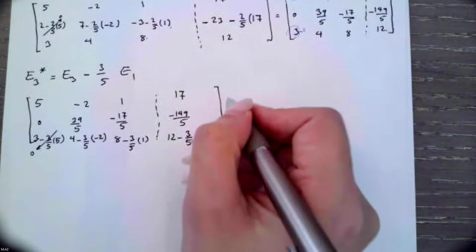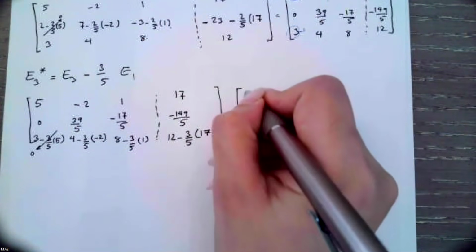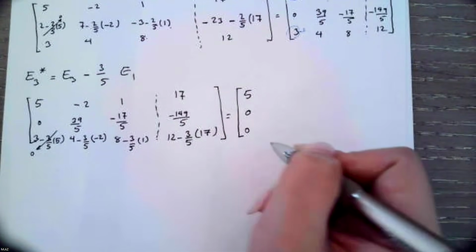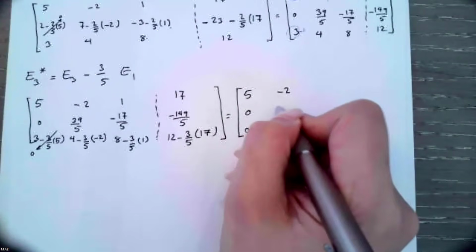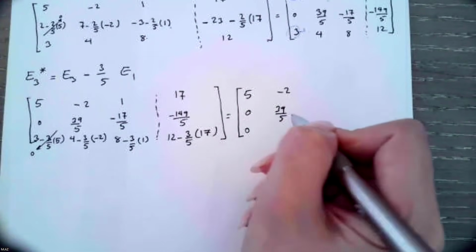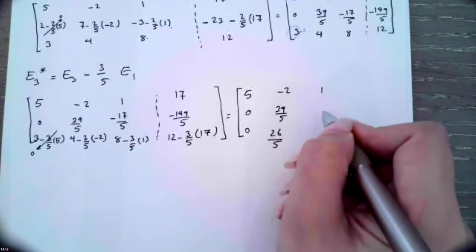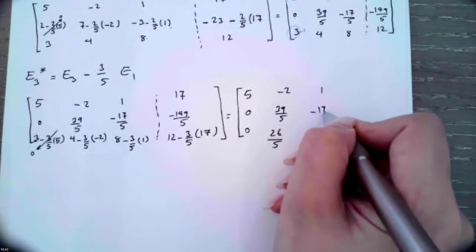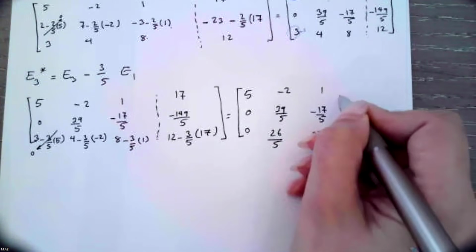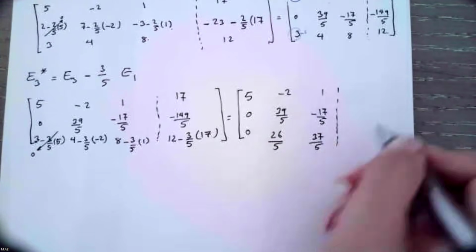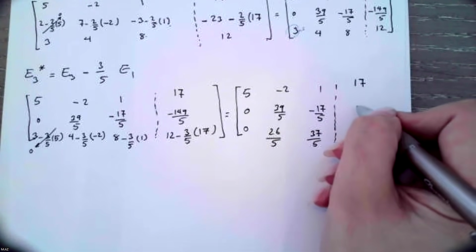Okay, if I rewrite it again, we have 5, 0, 0, negative 2, and this is about the B or right-hand side.